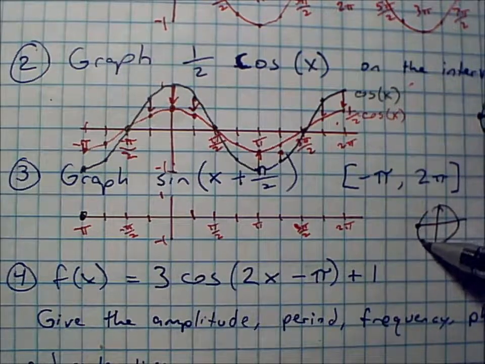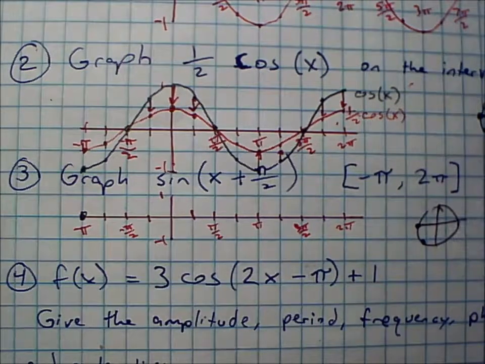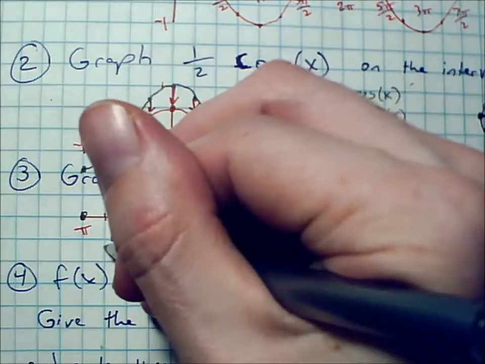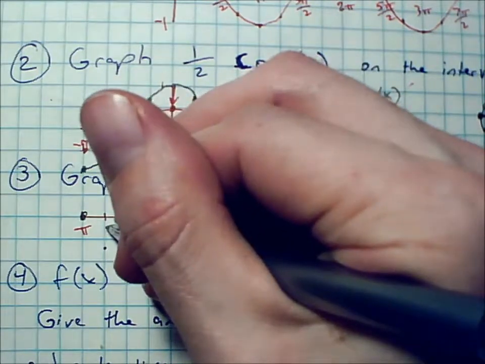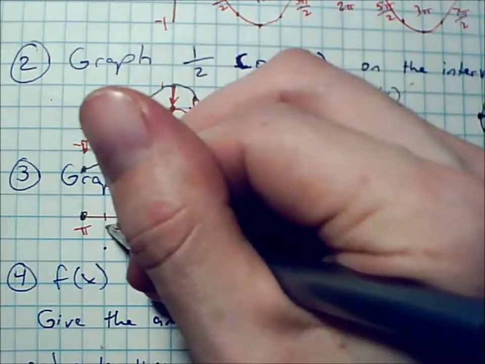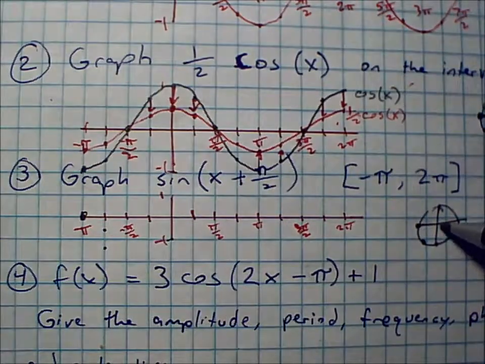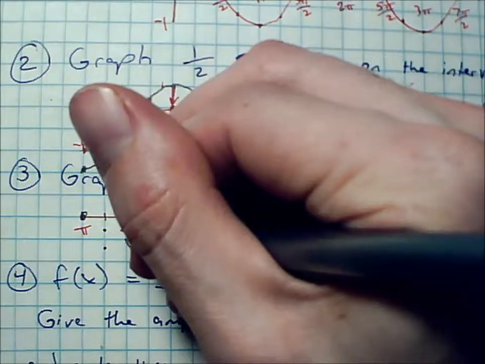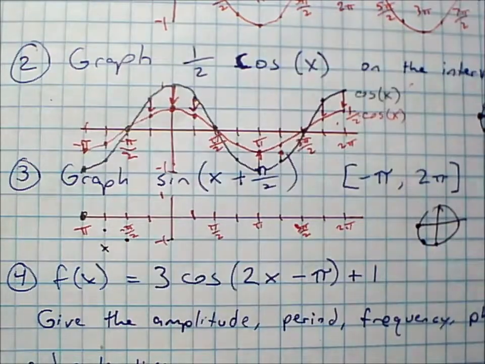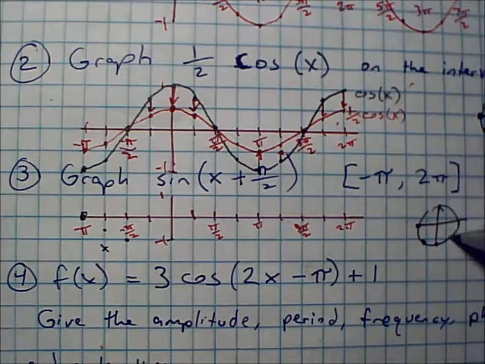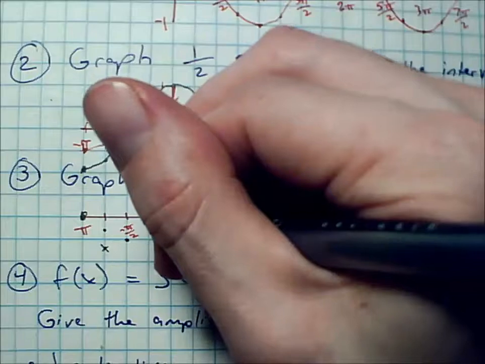Sine of negative 3 pi over 4, sine's the y value, negative square root of 2 over 2. So I'm going to start down. Then sine of negative pi over 2 is negative 1. Sine of negative pi over 4 would be negative square root of 2 over 2.